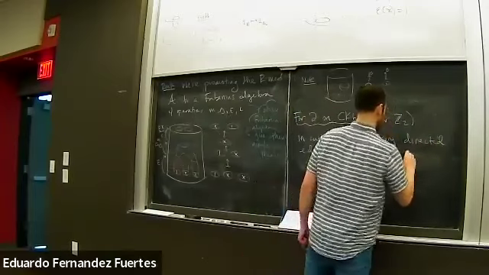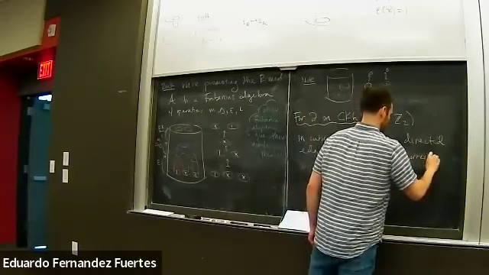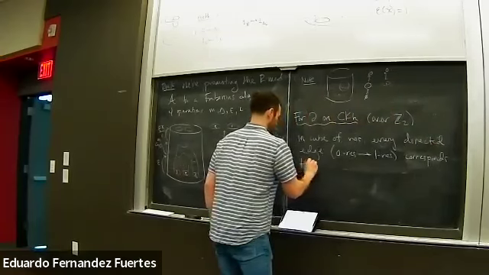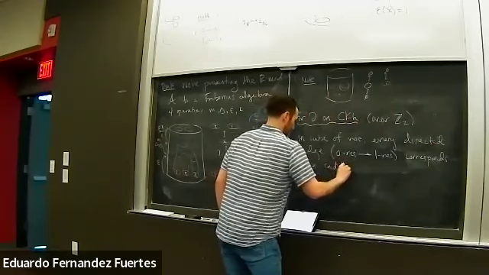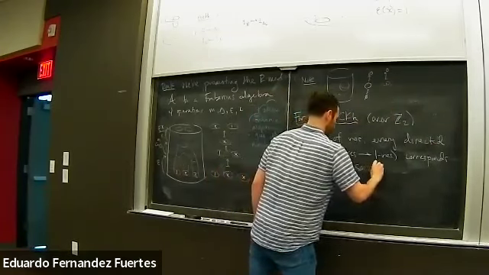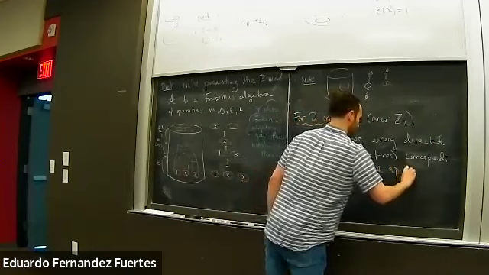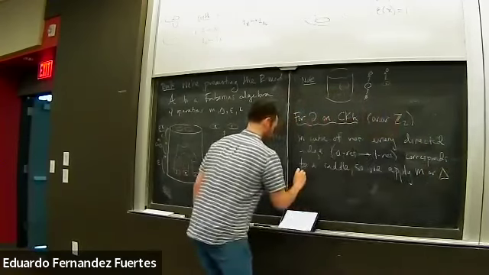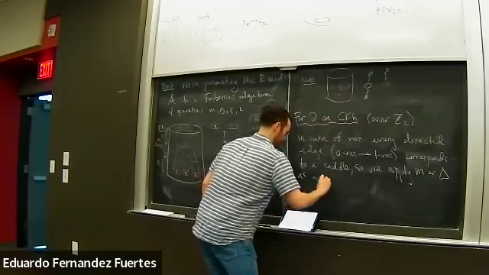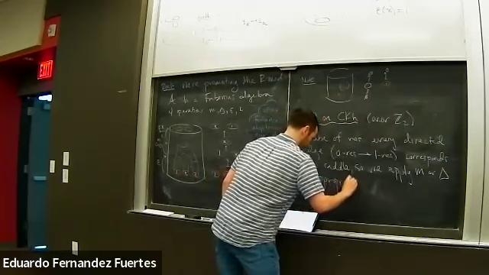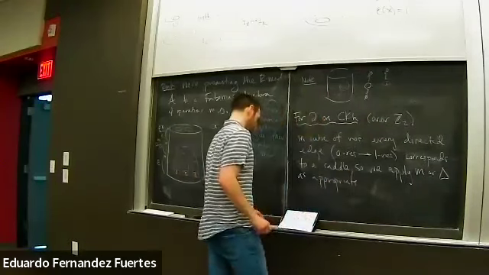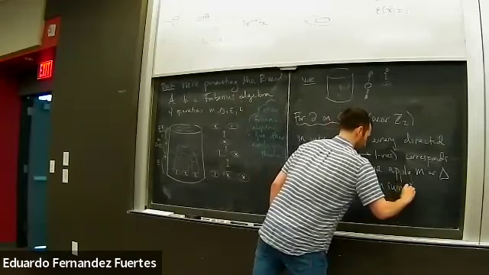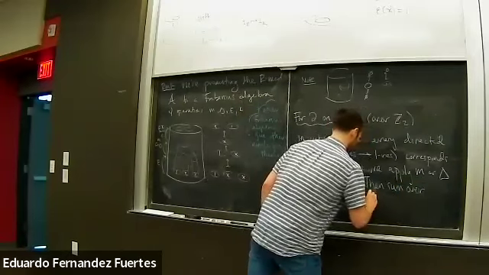I'll say it corresponds to a saddle. So we apply M or delta as appropriate. Okay. Then sum over the outgoing edges.